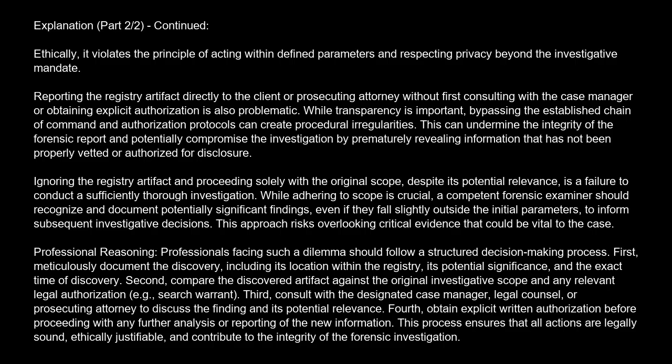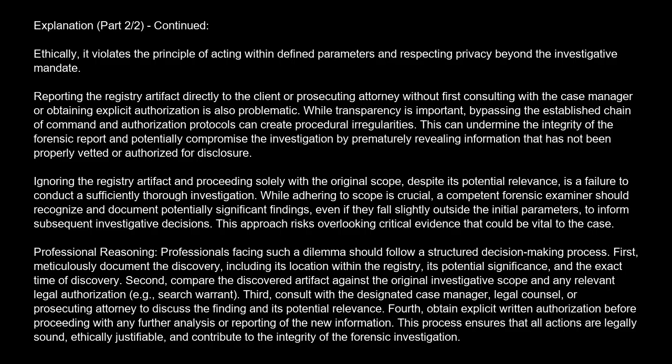Professional reasoning. Professionals facing such a dilemma should follow a structured decision-making process. First, meticulously document the discovery, including its location within the registry, its potential significance, and the exact time of discovery. Second, compare the discovered artifact against the original investigative scope and any relevant legal authorization, e.g., search warrant.